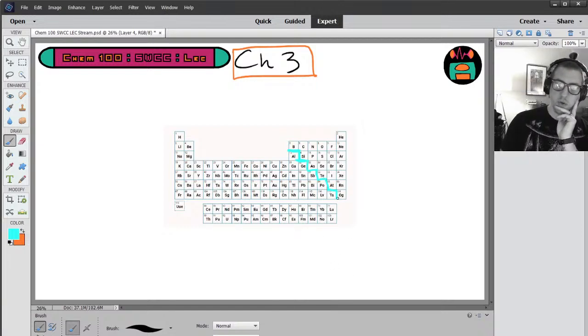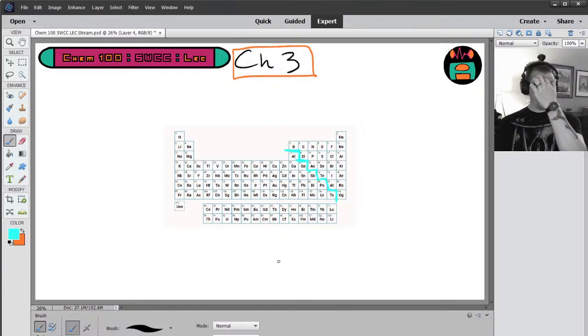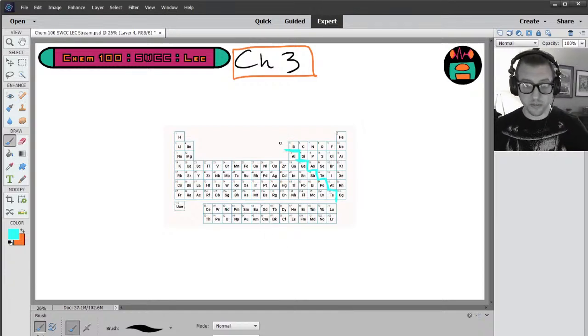You just find boron and aluminum right there, and then stair-step your way down.